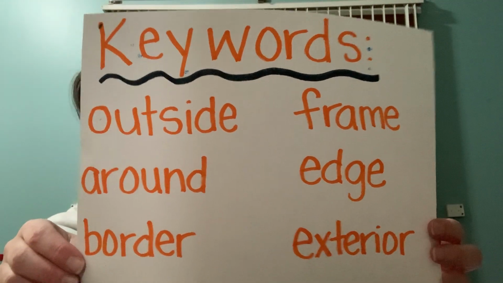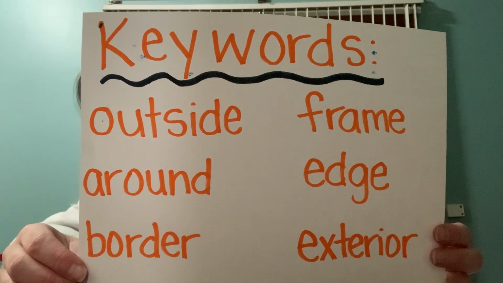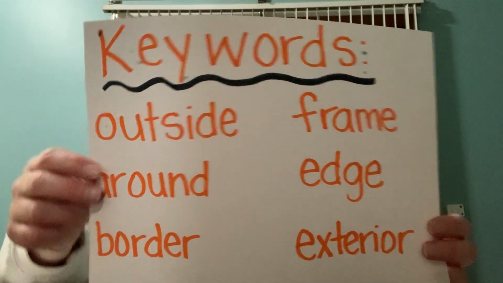Okay, and these words will be really important in the next few days when we introduce you to another term known as area. So these keywords will help us to identify the difference.